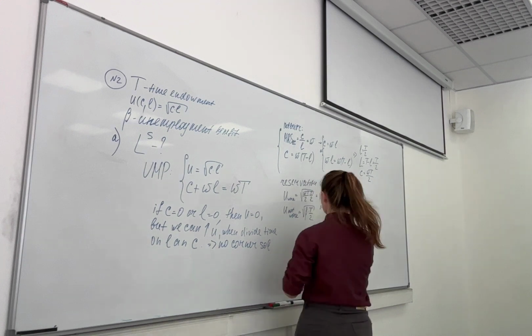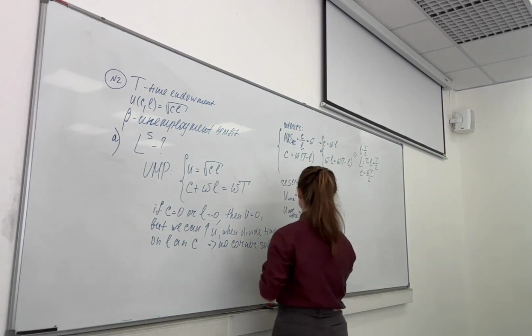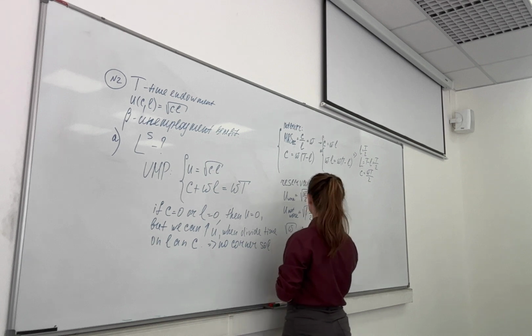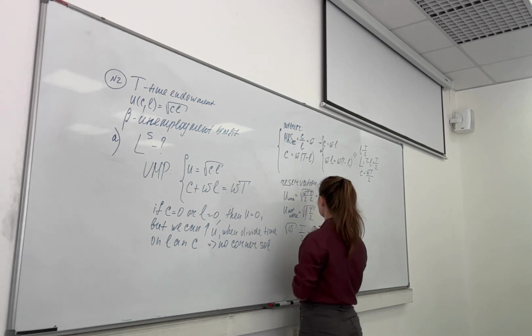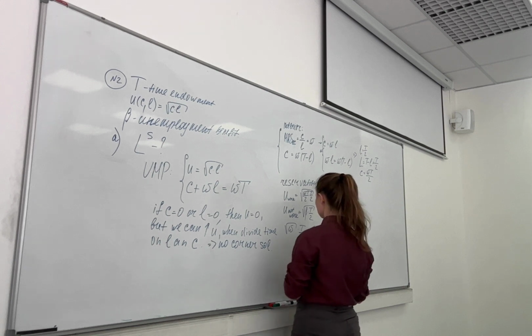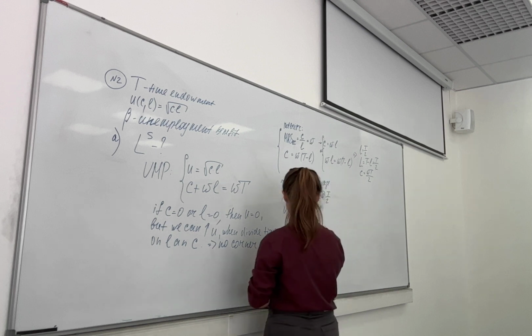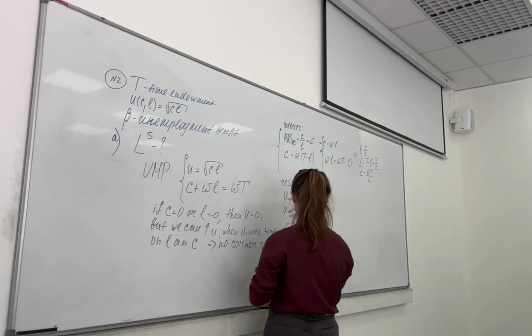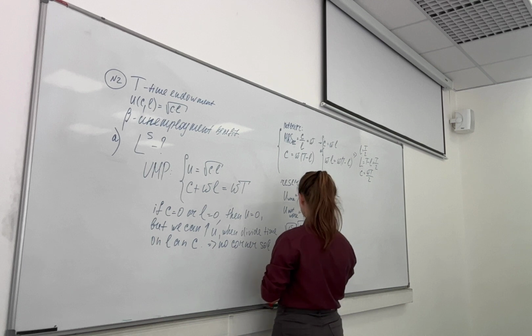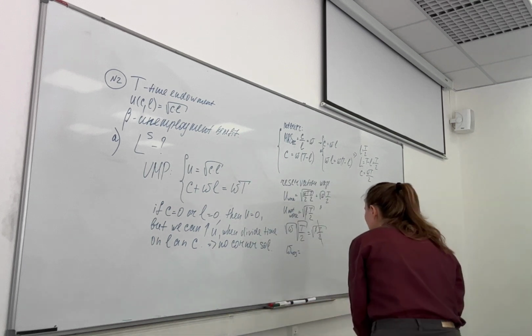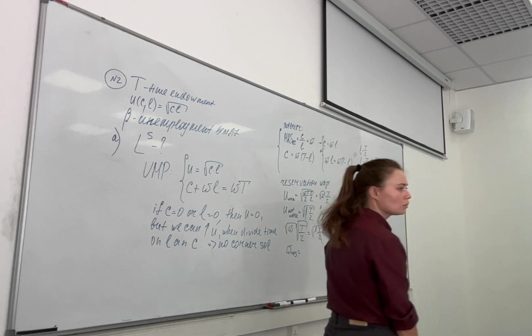Okay, and they should be equal to each other. So let's find this reservation wage. The square root of wage T over 2 equals the square root of beta T over 2. So here we can delete, and here will be the square root. So the reservation wage will be equal to 2 beta over time.